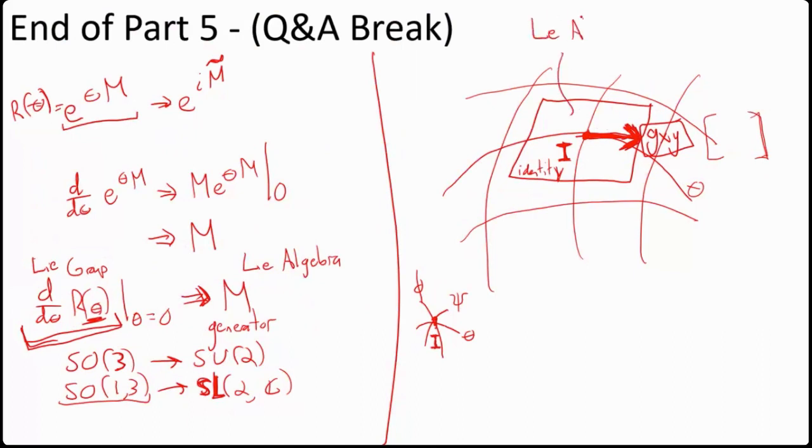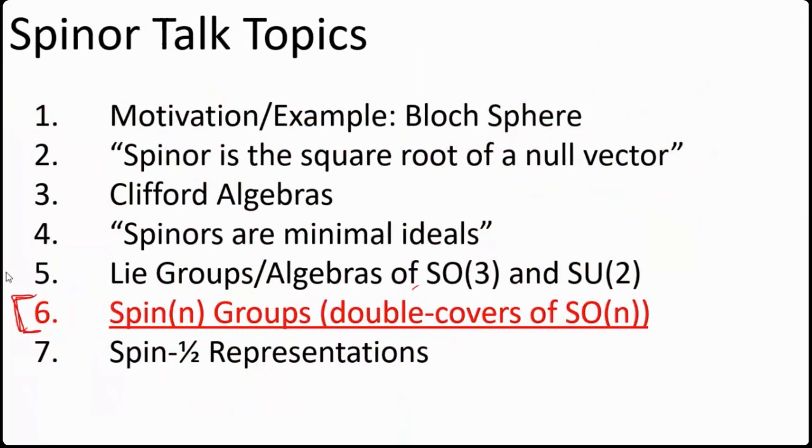So the Lie algebra is like a tangent plane at the identity. It's not a literal 2D plane. It's a 3D tangent space that sits at the identity in the 3D group manifold. But yeah, I'm going to talk about visualizing it in the next section.